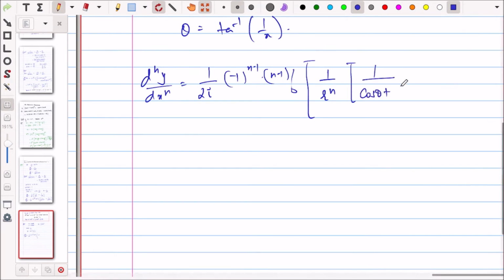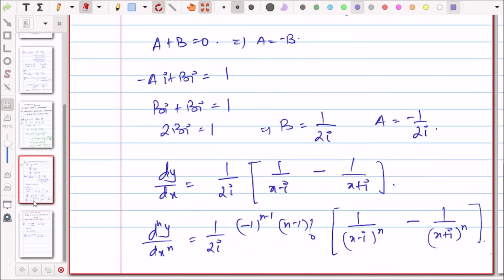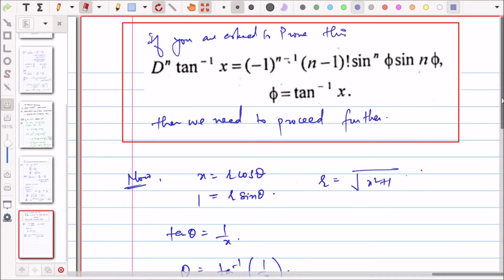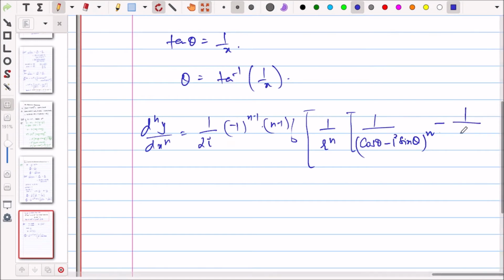So you will be left with 1 by cos theta minus i sin theta to the power n, minus 1 by cos theta plus i sin theta to the power n.